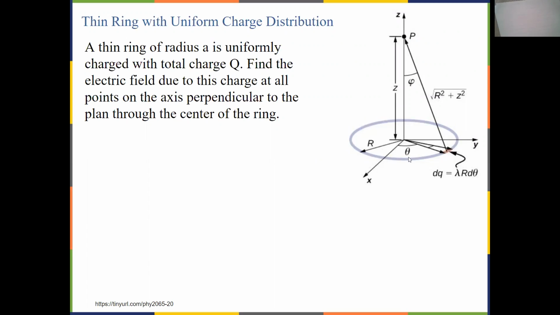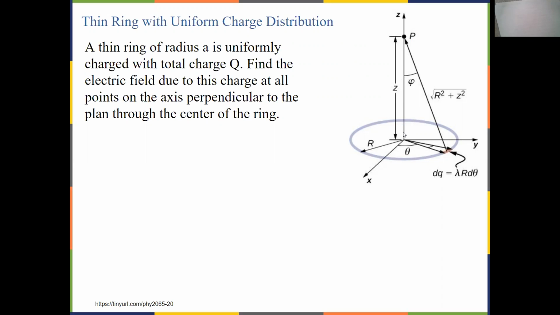If the ring is sitting on the XY plane, what's the electric field on the Z axis, where you are z away from the center? That's what the question is asking for.